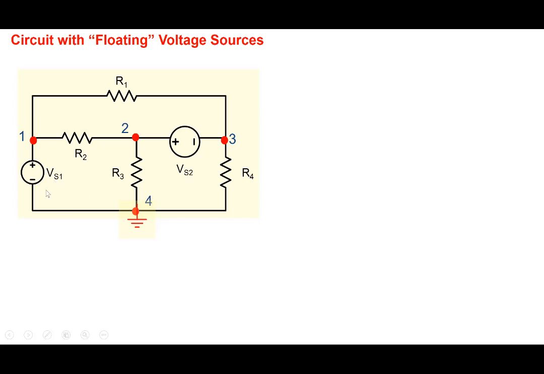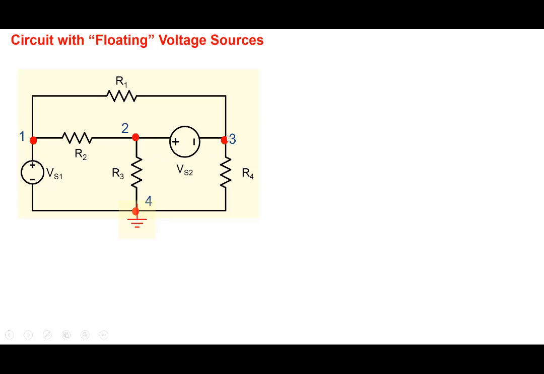Now, if you look at this voltage source versus this voltage source, one voltage source has one of its terminals grounded, right? And the other one gives us the value that is expected of Vs1. This particular voltage source has both terminals non-zero or non-grounded.